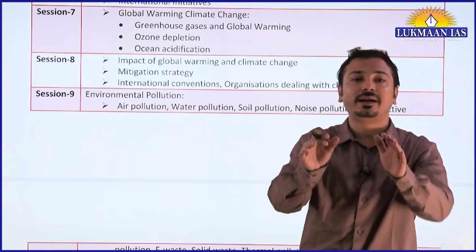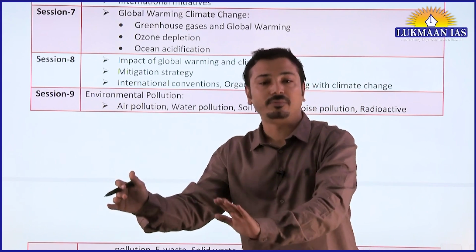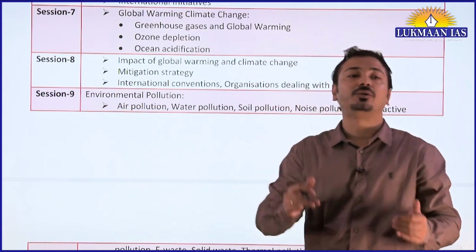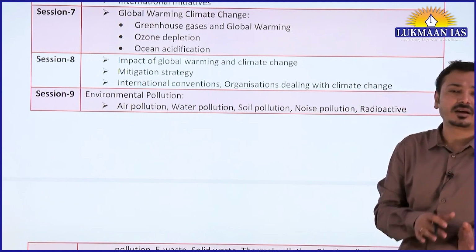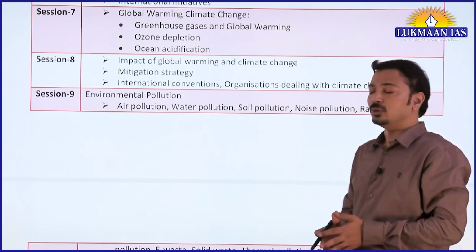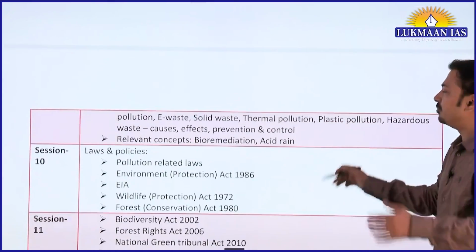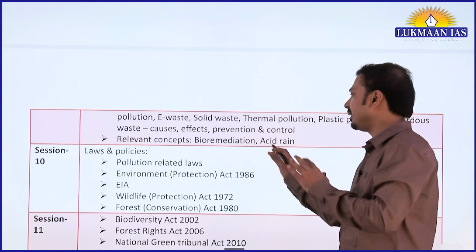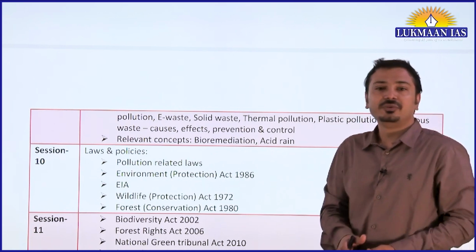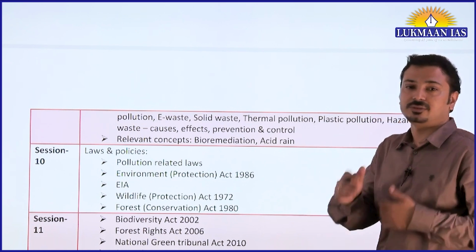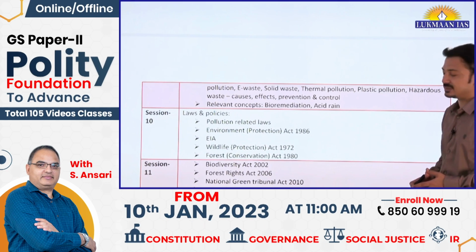Then we'll try to find out the impact not only on human health but on the environment also. And then we'll find out the way forward, the mitigation strategy, or we can say the control strategy for these pollution levels. This is the pollution aspect, and some important concepts like acid rain and bioremediation. इस पे question UPSC ने पहले पूछ लिया है. So we need to learn about all those concepts. UPSC can ask different kinds of questions on those concepts again.